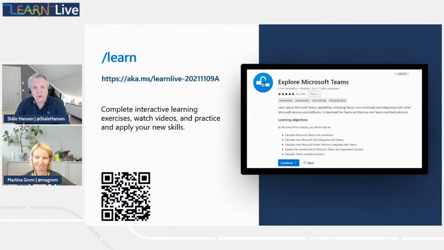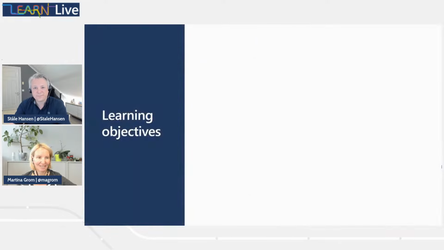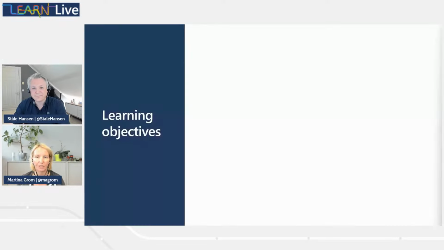Martina, maybe you can walk us through the agenda for today. Yeah. Happy to be here, and also happy to be joined by our co-presenters today. So what we will do today is explore Microsoft Teams and what it is and what we can learn here.